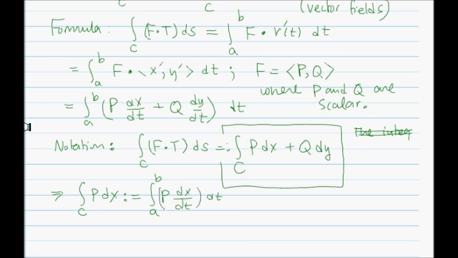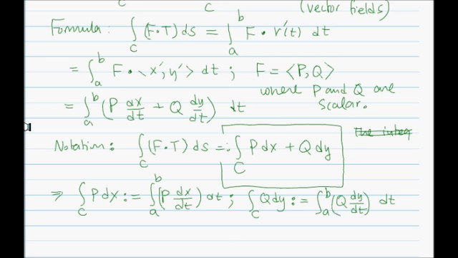This is not a dot product itself, it's just two scalars multiplying each other. It's a part of the dot product. So this integral is defined like this. And the other part over C can be separated, and the meaning of this notation is this one-variable integral of Q dy/dt dt. They're all scalar functions multiplied with each other.